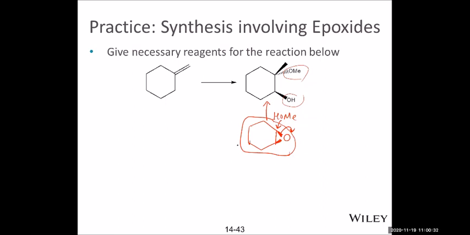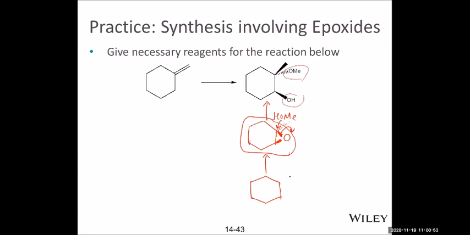To get this epoxide, of course, we start from an alkene, just like we learned before. So we should have a start. Oh, sorry, there's a methyl group I forgot, left it out. I should keep that. That should not be lost.